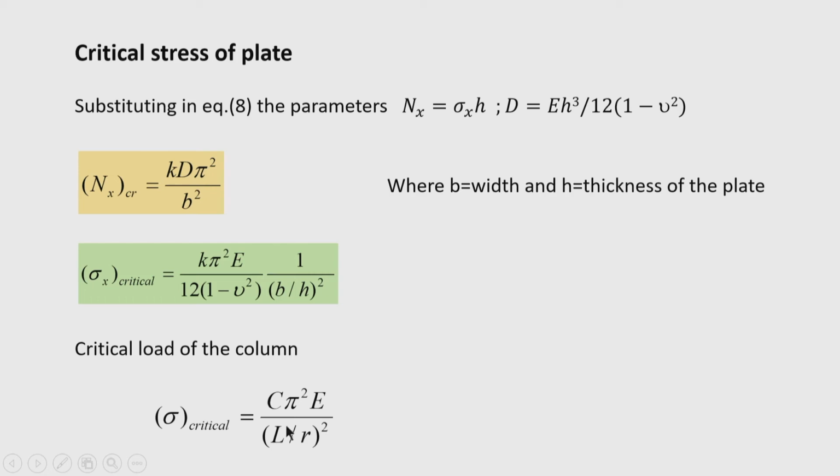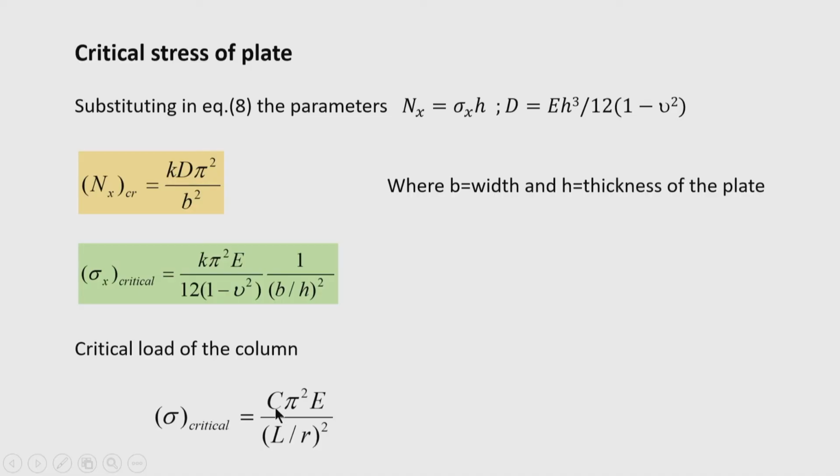Of course, the boundary condition is the most influencing factor in both cases, whether you calculate the critical load for the column or for the plate. Here you are considering the boundary condition simply supported along the 4 edges. If I alter the boundary condition, for example fixed along all edges, naturally the buckling load will be different.